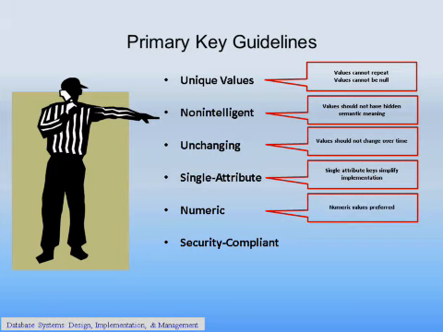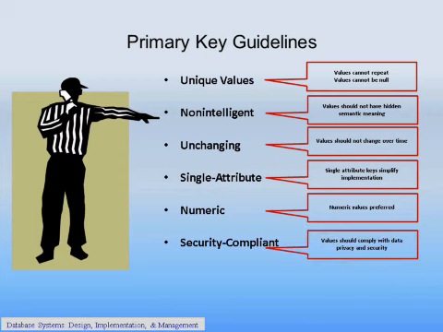Numeric. Though not required, primary keys should preferably be numeric because unique values can be better managed when they are numeric. For example, dates are not necessarily good candidates for primary keys. Among other obvious reasons, dates are managed differently by different database management systems.